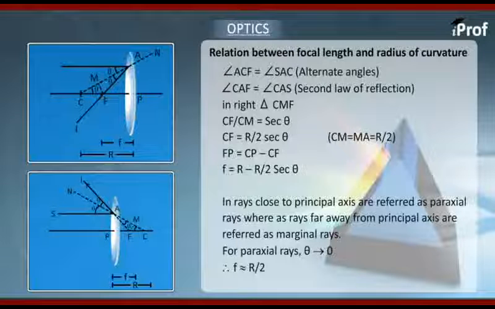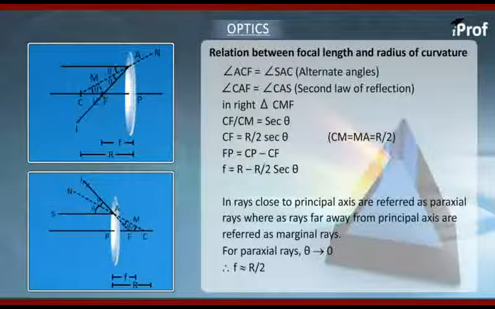Now considering the right angle triangle CMF, we find the value of CF, that is the distance of focus from the center of curvature, and it works out to be r by 2 sec theta. Here we are making use of the fact that this perpendicular drawn from F on the opposite side of triangle CAF will bisect it.